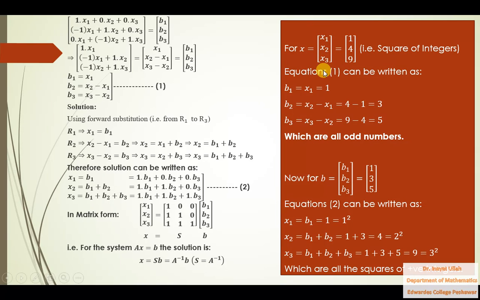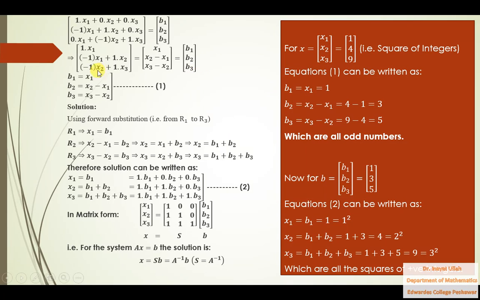So whenever the solution x1, x2, x3 is the square of integers, what will be the values of this column vector b1, b2, b3? From equation 1, replace x1 equals 1, x2 equals 4, x3 equals 9.